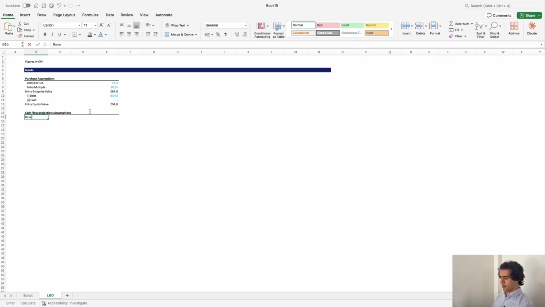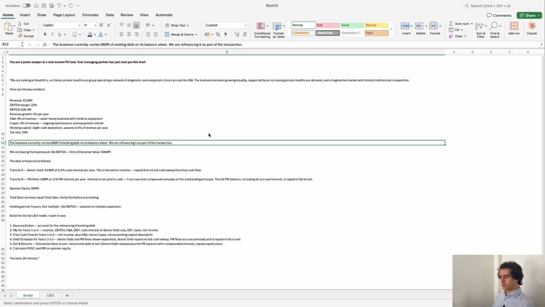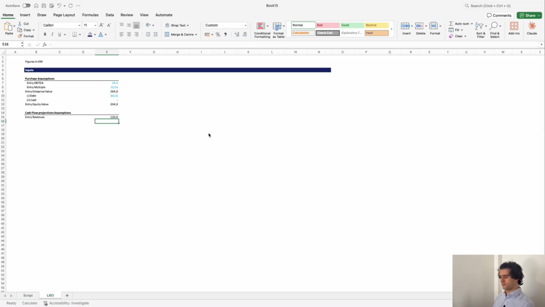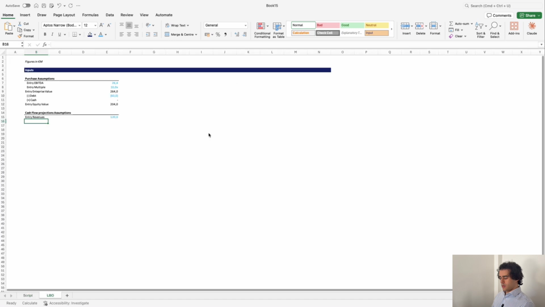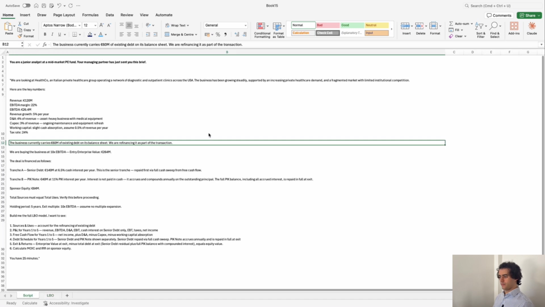And so we have revenues, entry revenues of 120 million. Entry EBITDA, we've already written it.